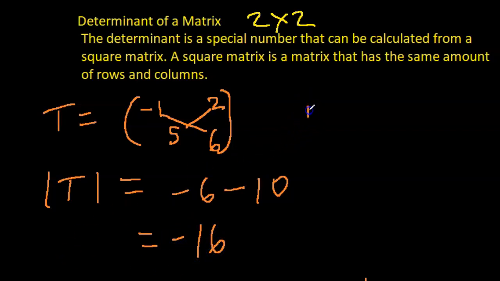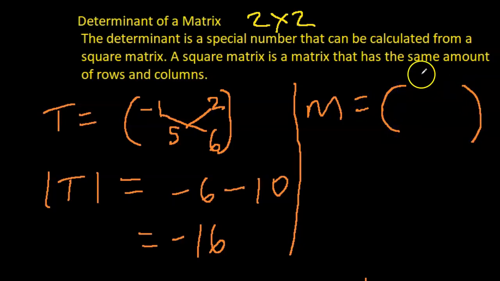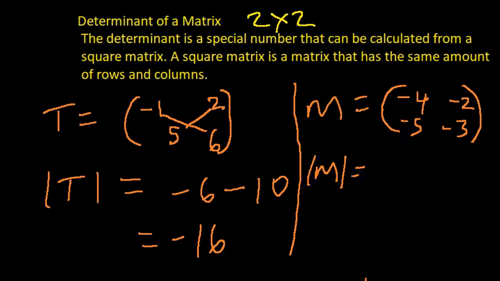Just the one last one. M is equal to minus 4, minus 3, minus 2, minus 5. So the determinant of M would be equal to, so cross multiply, so minus 4 times minus 3, that's positive 12, negative times negative is positive, right? Take away minus 5 times minus 2, what's that?